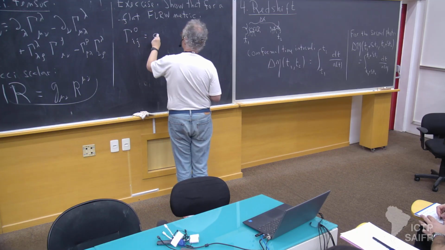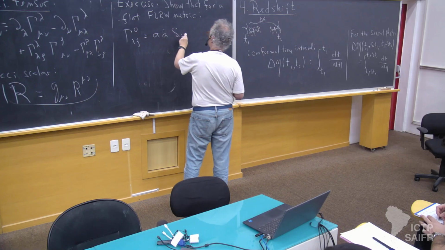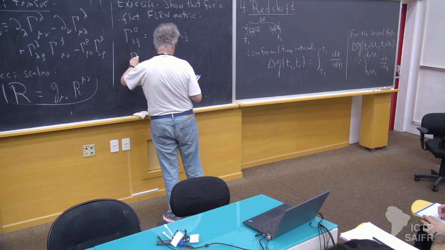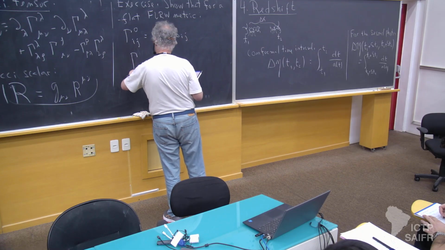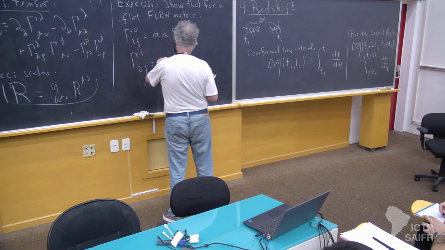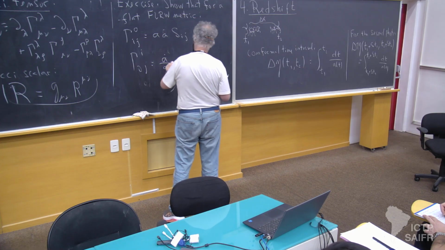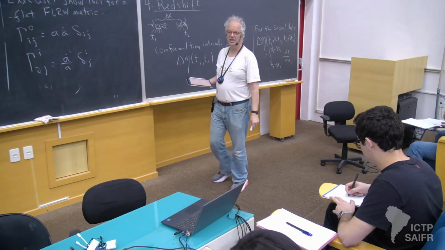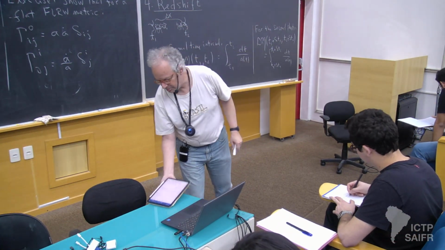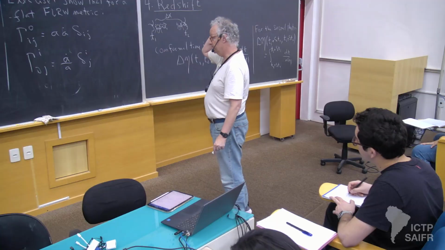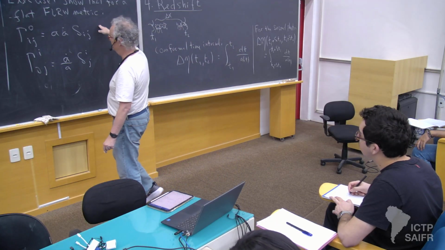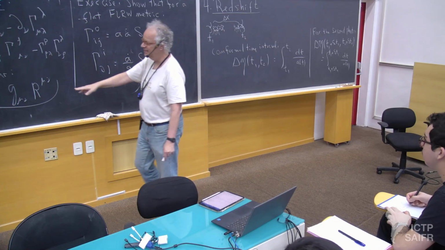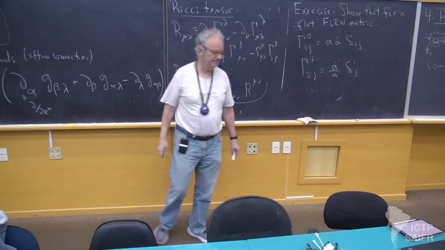Gamma i0j is equal to A dot over A delta ij, where this is the Kronecker delta, and gamma 0ij is A dot A delta ij. Those are the only non-zero components of the Christoffel symbols in the FLRW metric. A dot appears because it's a first derivative in the metric.